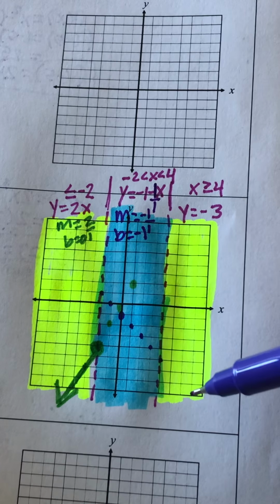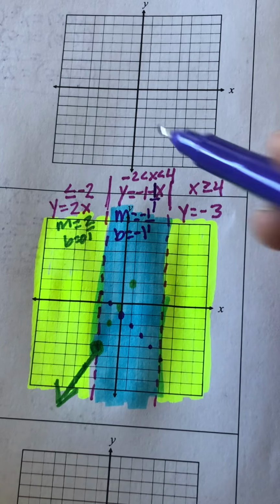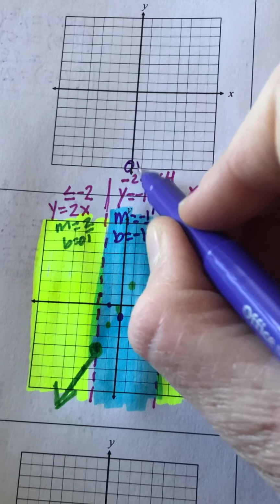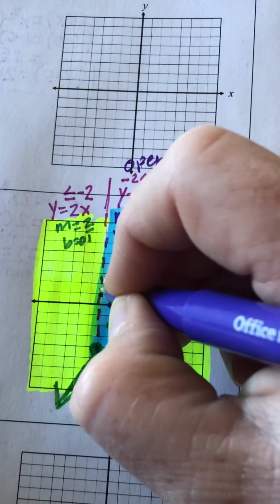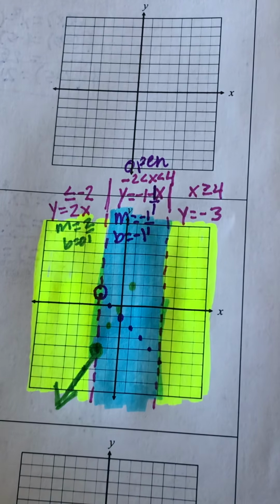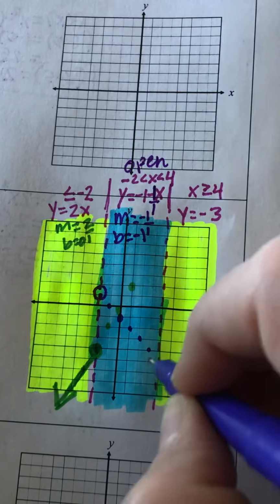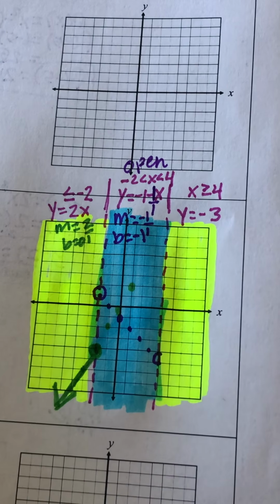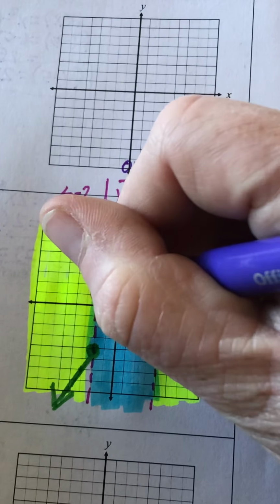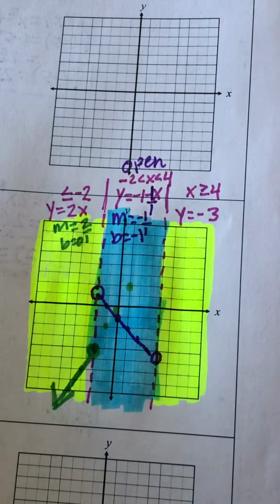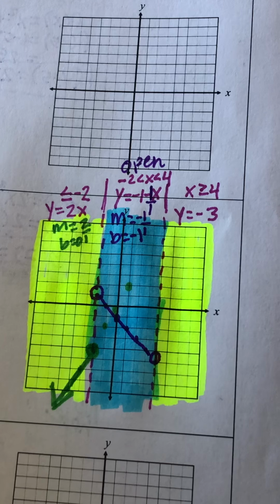Okay, so I've covered my whole region, and then we got to think about our circles. So these are both open. Okay, so I need an open circle where I would hit -2 and an open circle where I would hit 4. Okay, 2 open circles, and then connect your dots in that region.